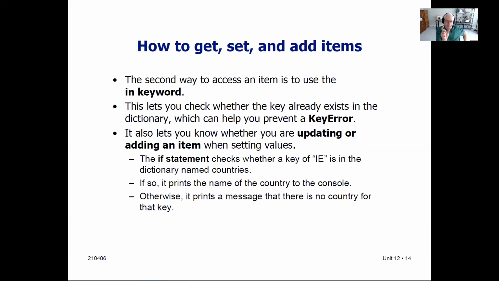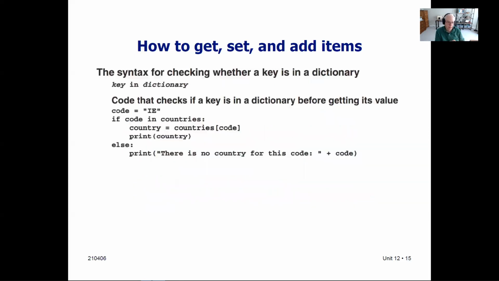So then if the key exists, then we can update it or whatever. And if we're trying to get the value and the key does not exist, we don't get an error, we can print out a statement that says that key doesn't exist for our user of the program. So key in dictionary is the syntax.